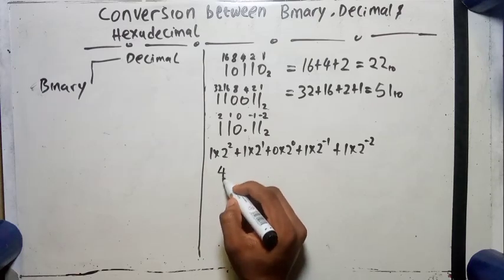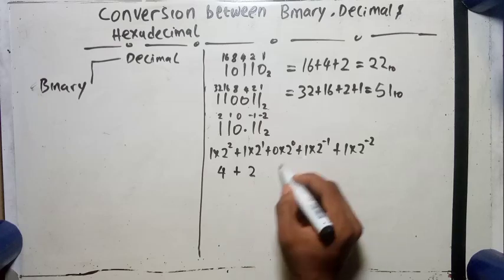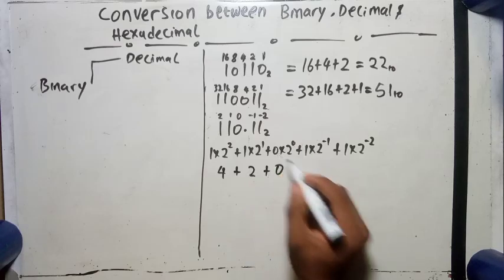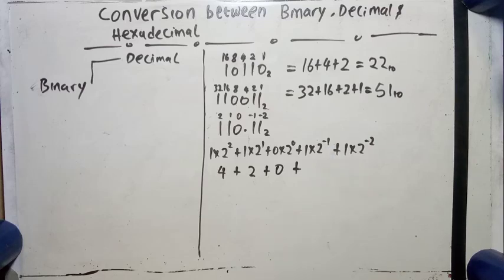So 2 raised to the power 2 is what? 4. 2 raised to the power 1 is 2. This is definitely going to give us 0 because 0 is here. So 2 raised to the power minus 1, is it going to give us what? This is 1 over 2, which is 0.5, right? That's for your indices. To be 100% sure, I use a calculator.